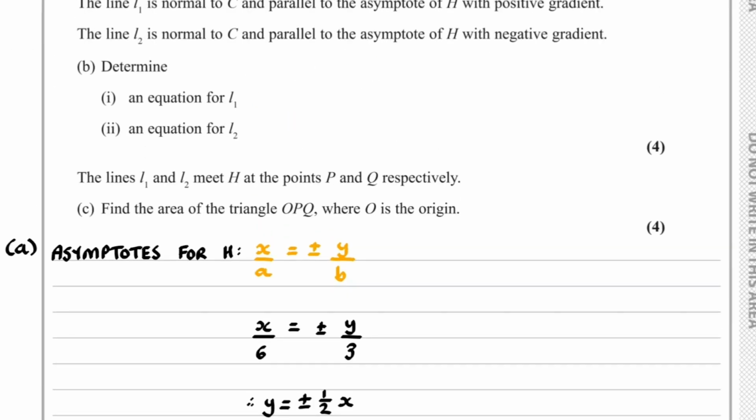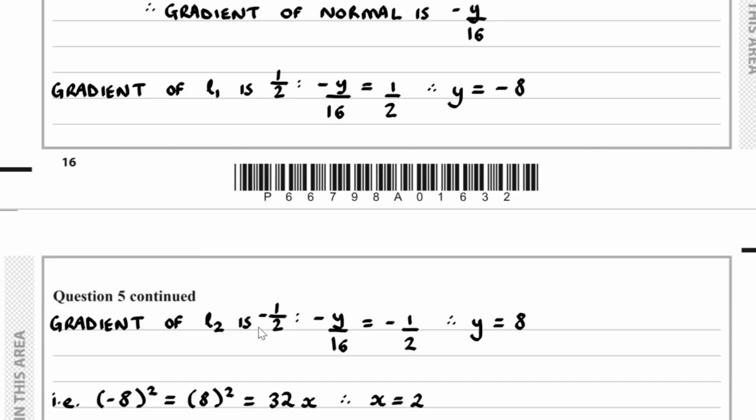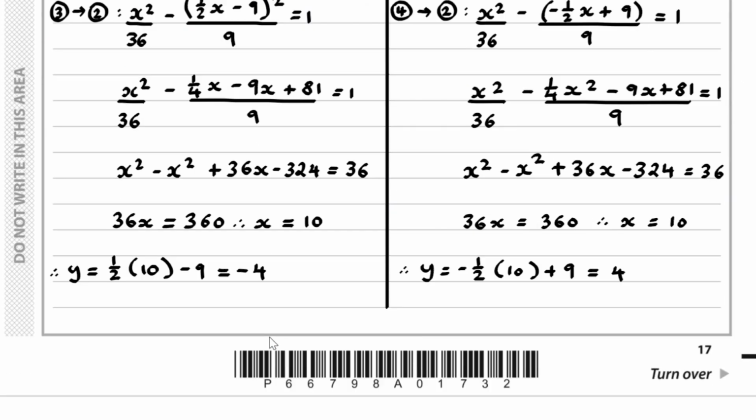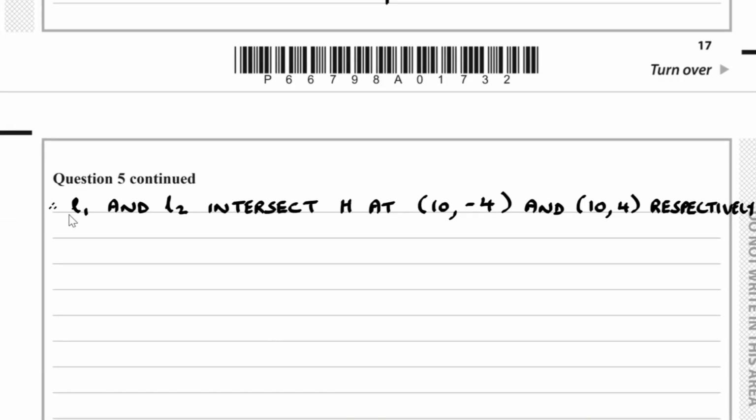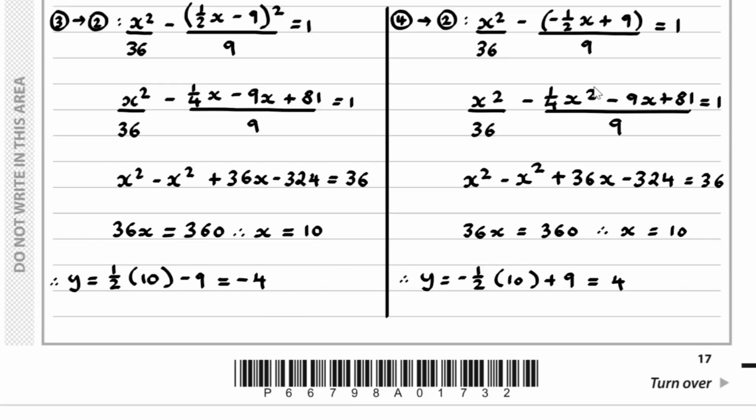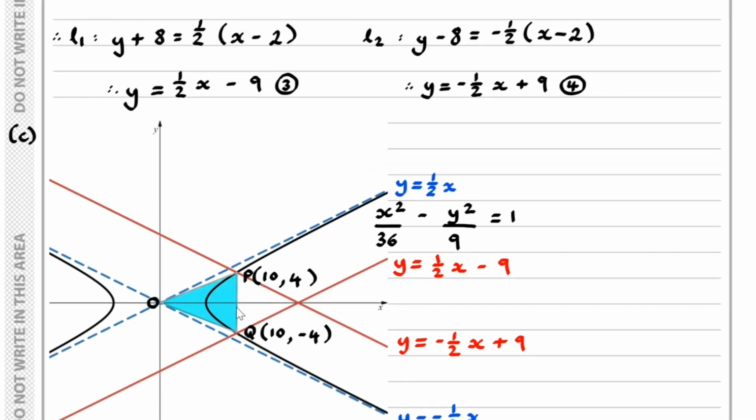So what we need to do is find the area of the triangle OPQ, and so therefore that area, we've got 1/2 times by, well, here the height is 4 take away minus 4, which is 8.